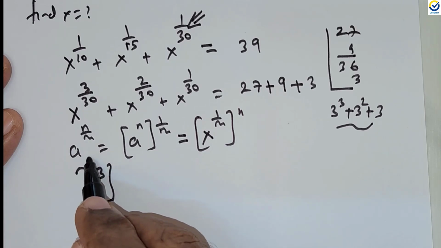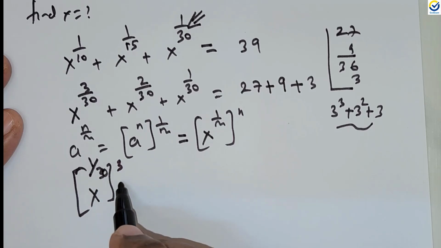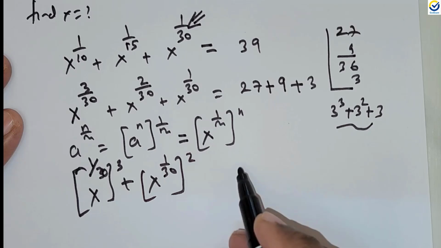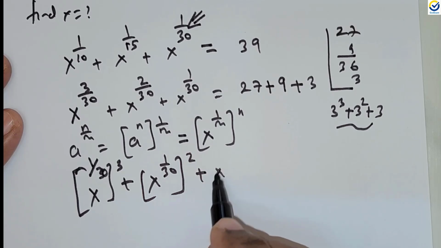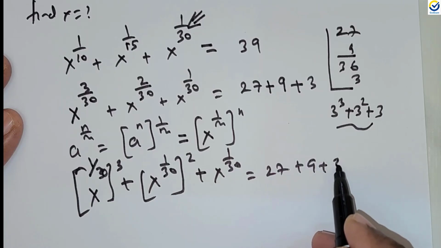So I bring the 1/30 inside and have the cube outside. So x to the 1/30 cubed, x to the 1/30 squared, and x to the 1/30. This is 27, 9 and 3.